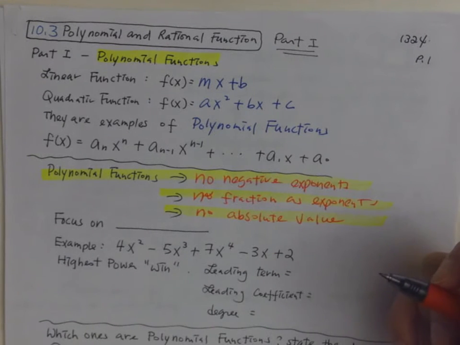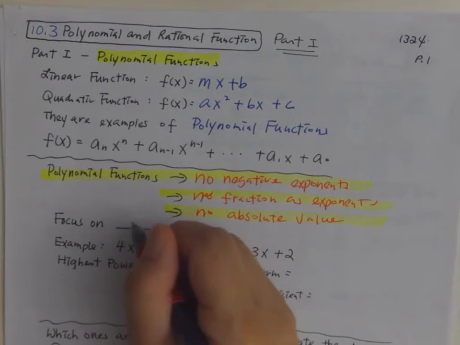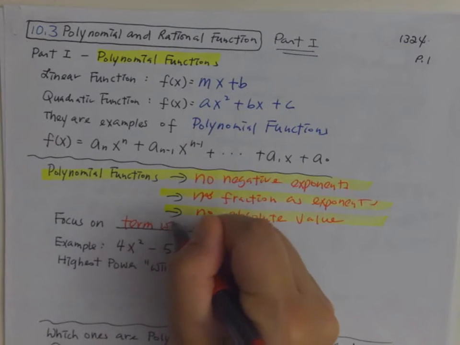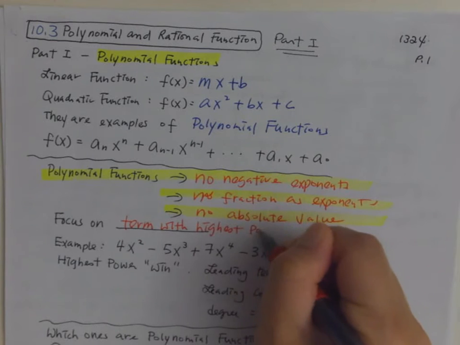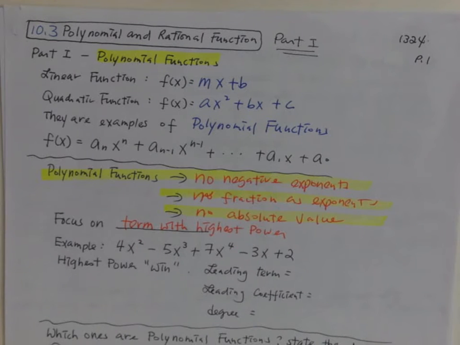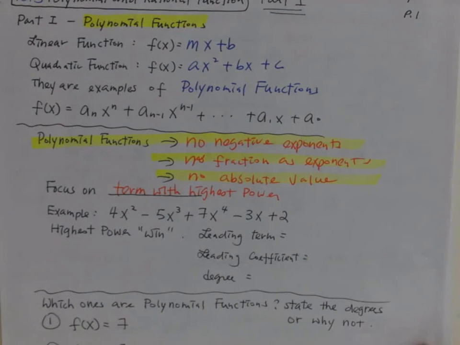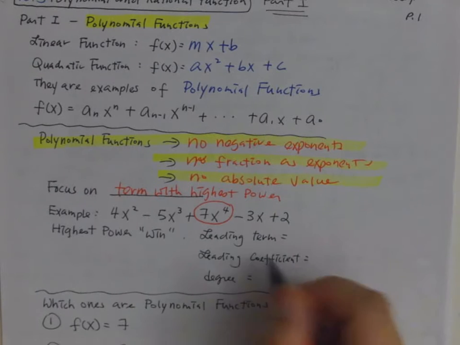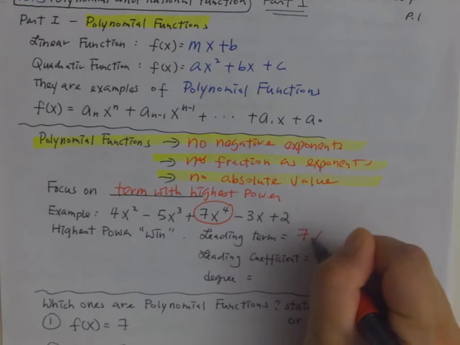When we talk about polynomial functions, we want to look at the term with the highest power. If we look at this example, the highest power is x to the 4th, so we call that the leading term. The leading term here is positive 7x to the 4th.